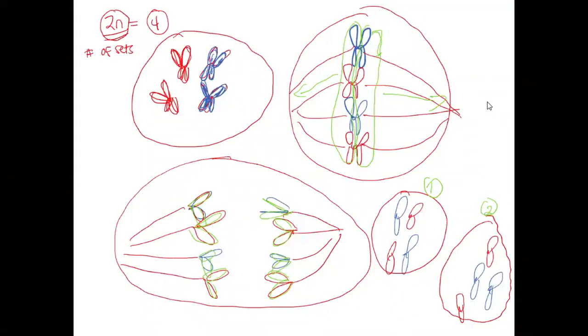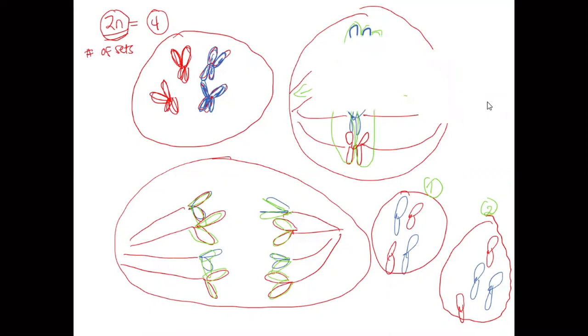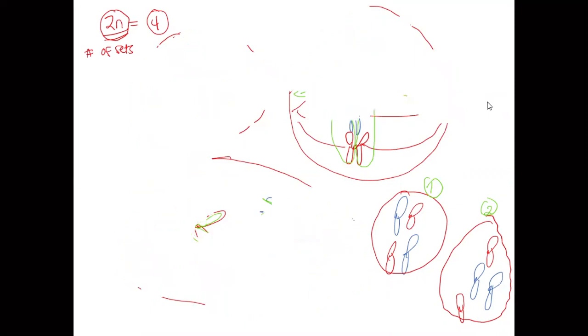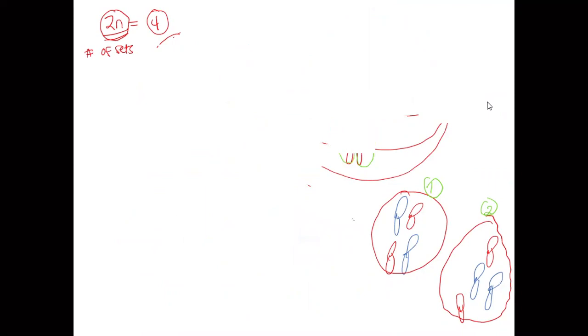Okay, so let me just clear the board. And so let's check if the ploidy of the daughter cells is still 2n is equal to 4. Okay, let's just examine.